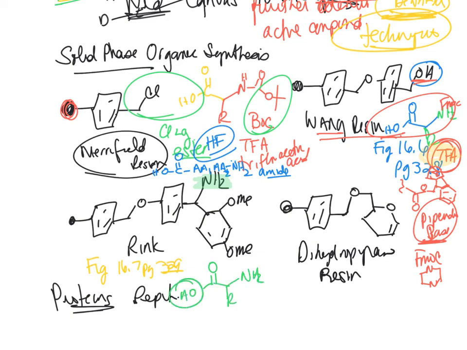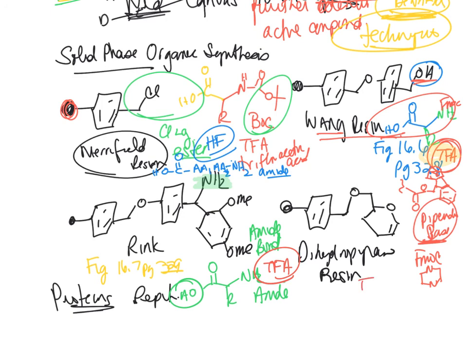Okay, so you're making an amide bond. And then you can derivatize, do further modifications on the R group. And then when you release it, the functional group is actually an amide. And these are released using acid again. TFA releases that.